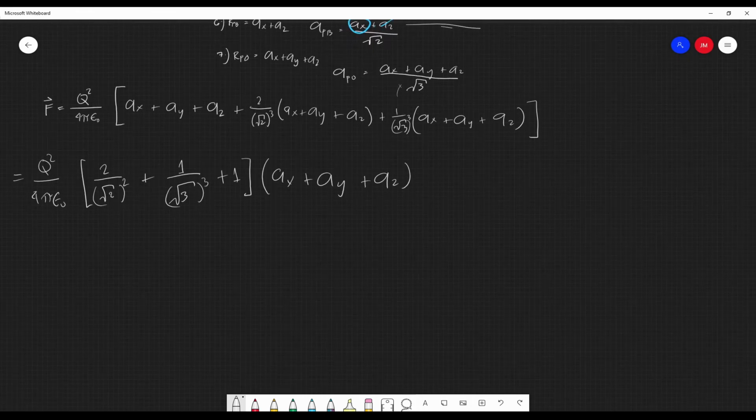Let me just go ahead and use a calculator: 1 over root 2, no, this shouldn't be squared, I'm sorry, this should be cubed, plus 1 over root 3 cubed, plus 1.